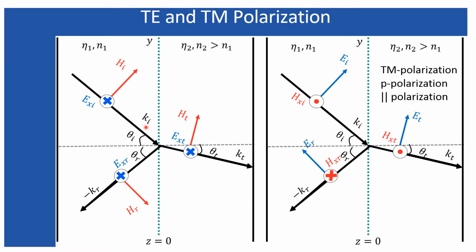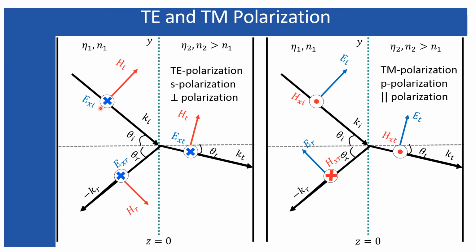Now take the example on your left hand side. Here the situation is just reversed. The electric field is perpendicular to the plane of incidence. The incident wave vector and the magnetic field are contained within the YZ plane, and similarly the reflected wave vector and the magnetic field are parallel to the YZ plane, and the transmitted wave vector and the magnetic field on the transmitted side are also on the same plane.